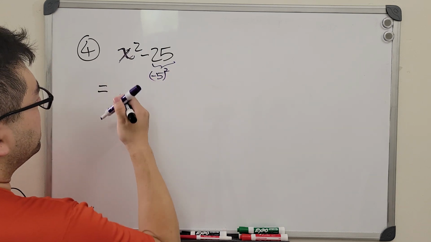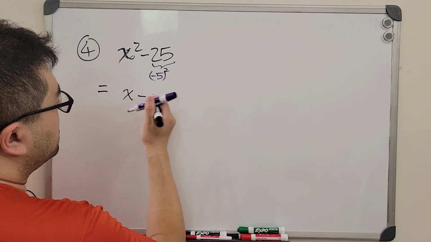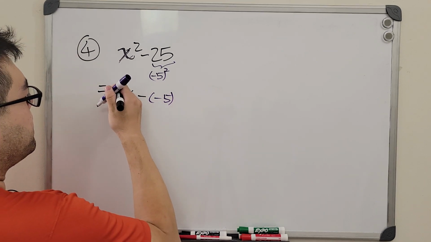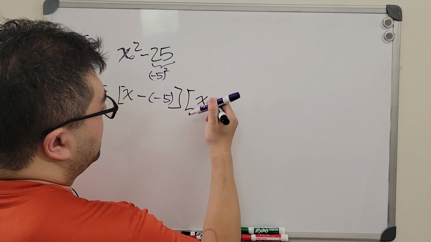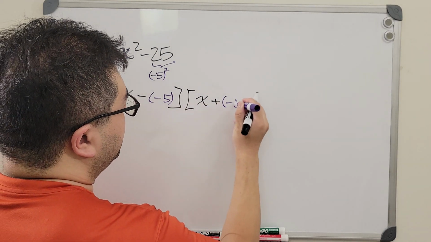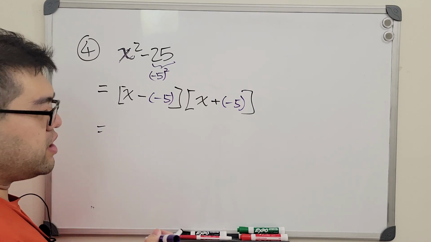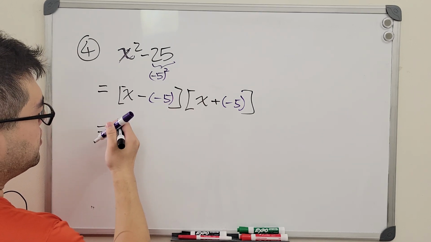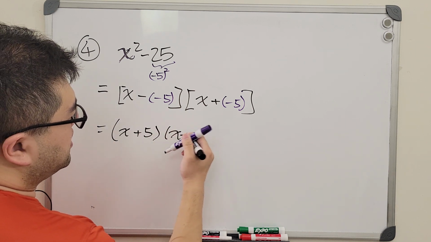In this case, we'll have x as our A minus B, where B in this case will be -5, and then times A plus B here. Then if we simplify each bracket, we'll end up with x plus 5 times x minus 5.